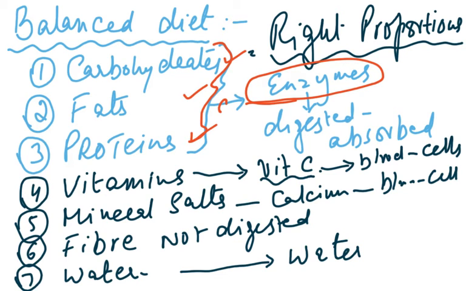That is why we only study the digestion of these 3. We don't talk of vitamin C being digested, we don't talk of calcium being digested, and we don't talk of water being digested. So all these 3 need to be digested, and then we will discuss which enzymes are produced to digest these 3.